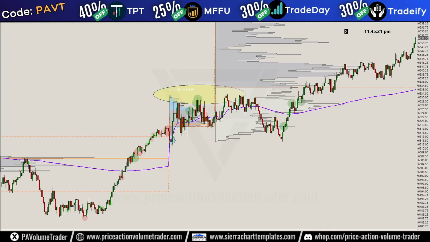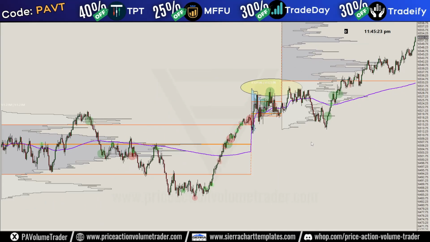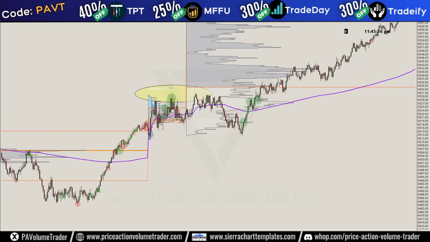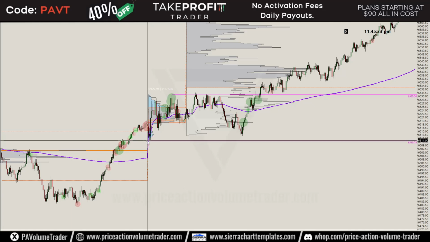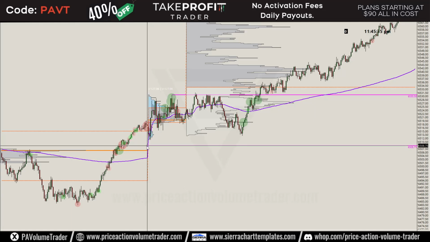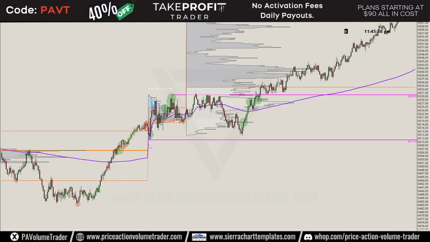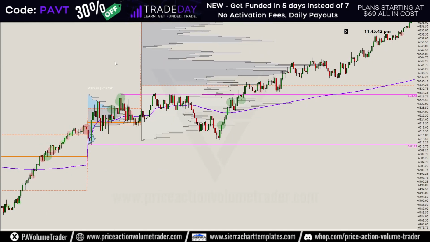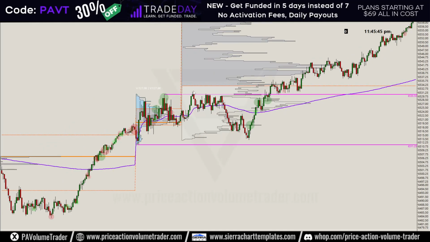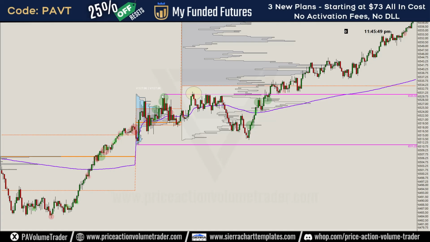If I keep moving back, here's another one. We had the overnight high, overnight low, and you can see right here at 9:35 the market pushed up. We just wicked above the extended hours high and then closed back below.